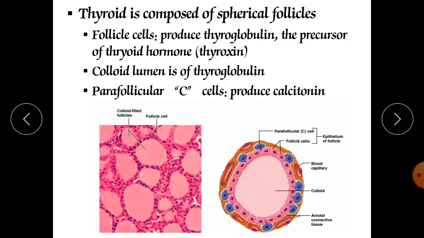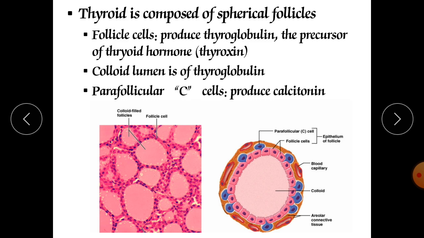The thyroid is composed of spherical follicles. The follicle cells are the structural and functional unit of the thyroid gland. They produce thyroglobulin, a precursor for the thyroid hormone thyroxine. The colloid lumen contains thyroglobulin, and the parafollicular C cells produce calcitonin.